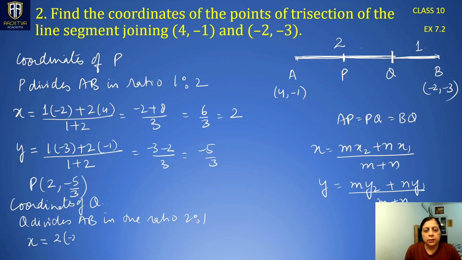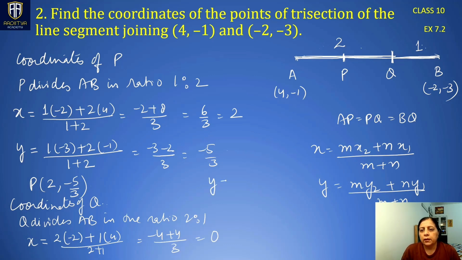Former ratio, later coordinate, added to later ratio, former coordinate, 1 multiplied by 4 divided by 2 plus 1. This is -4 plus 4 by 3, which is 0.